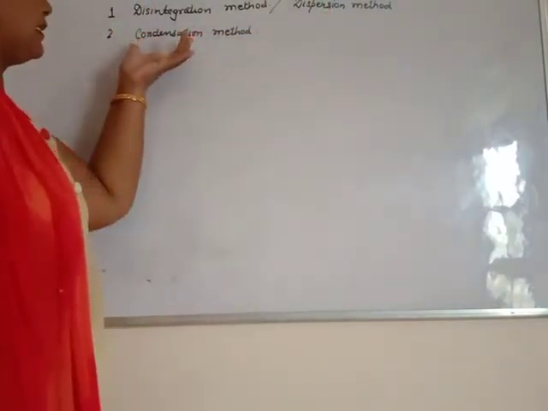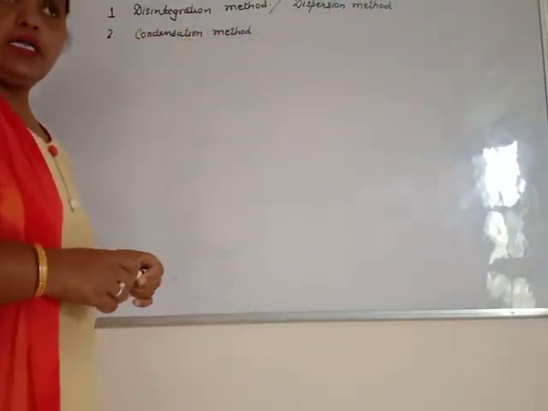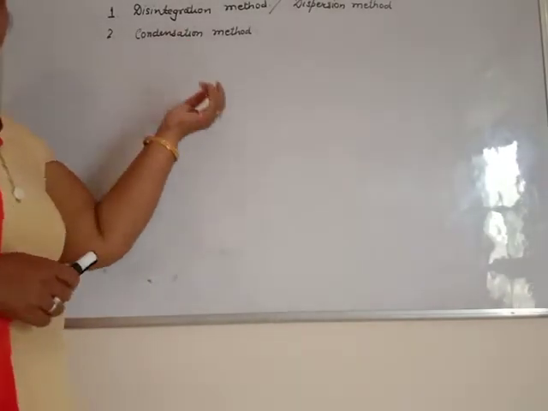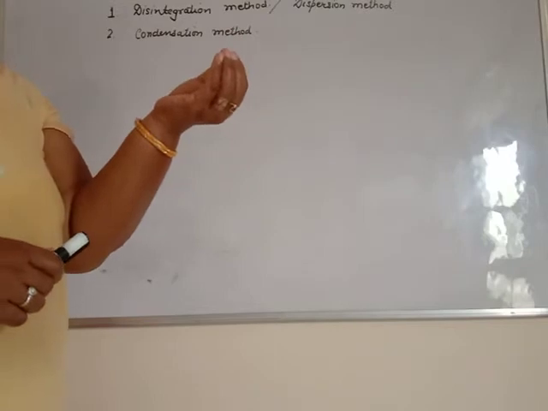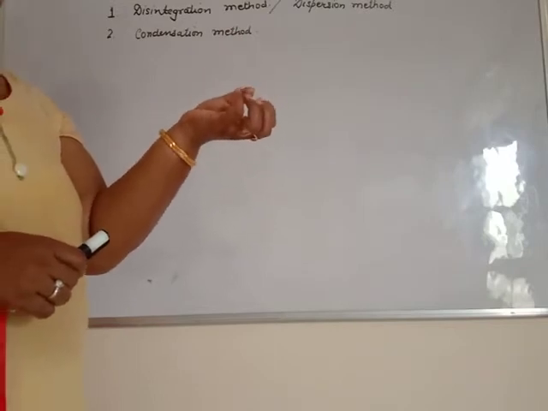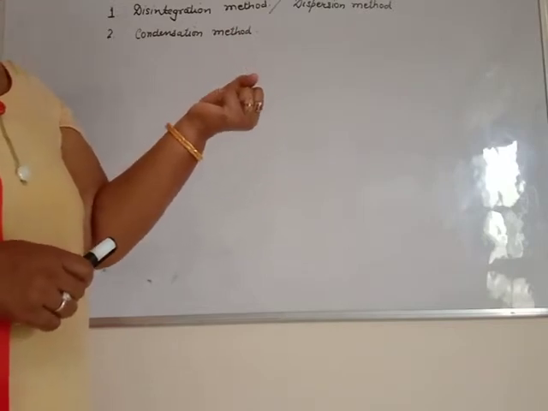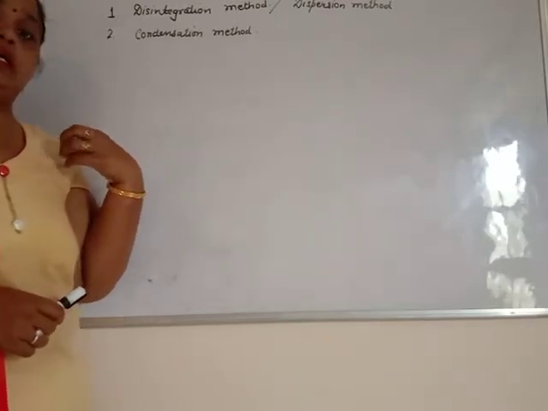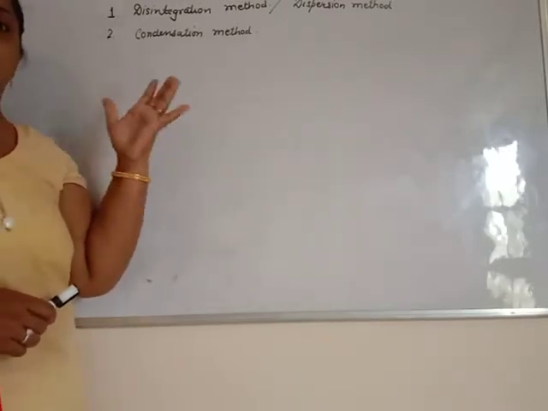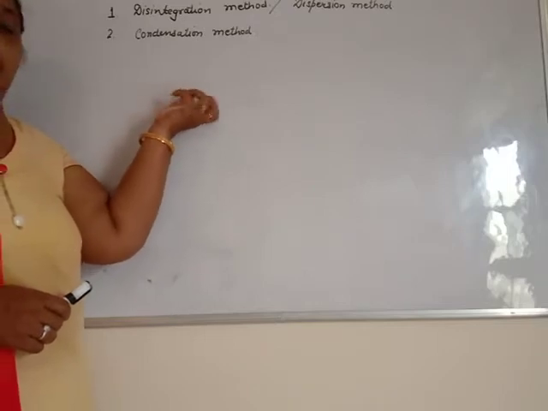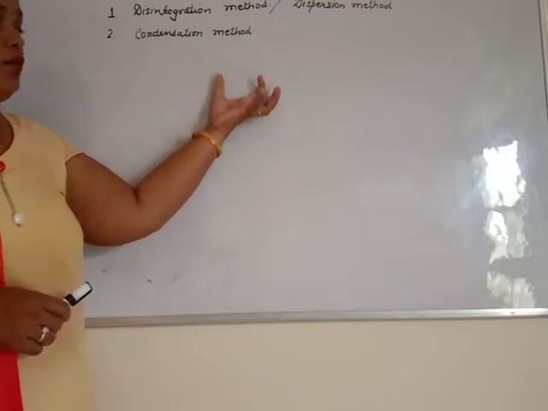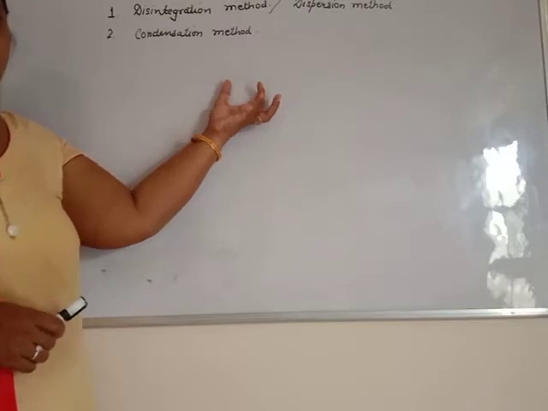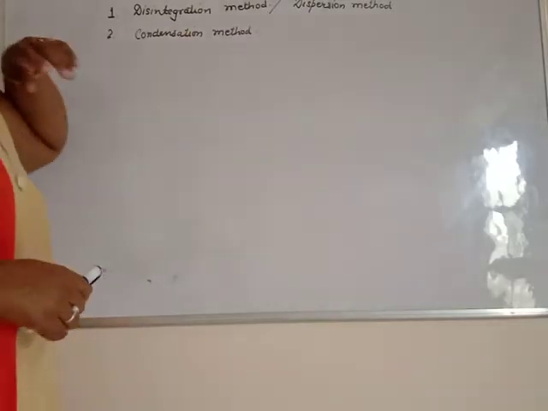But the condensation method is also known as the aggregation method, because in this case the particle size is too small. These smaller particles aggregate together. These smaller particles we cannot see by naked eyes, only by scattering of light. They aggregate together to give a large size particle that is known as an aggregated molecule or aggregated sol.